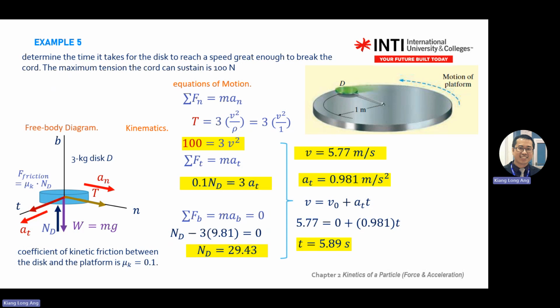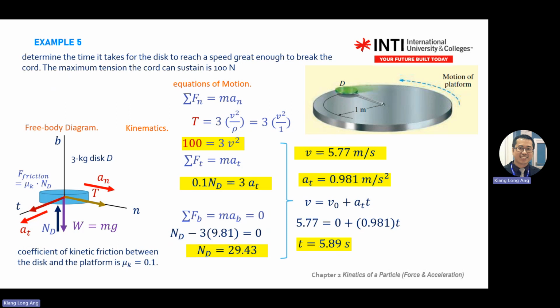Tangent and normal usually deal with an and at. There's an equation for an equal to v squared over rho. But how do you find at? How do you find the acceleration in the tangent direction?